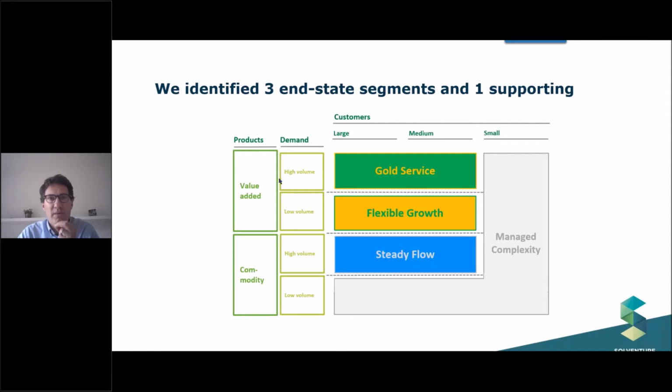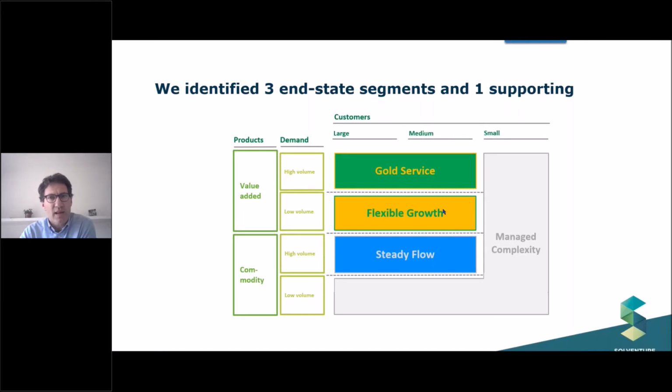They want their own specific sugar to offer. They want service. They are not looking for operational efficiency. They want a broader portfolio, specific customized recipes, and delivery and volume flexibility, very different from the steady flow.